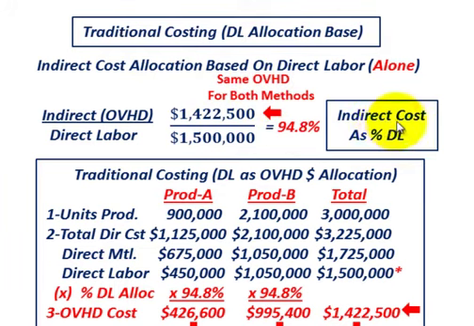So our indirect cost as a percentage of direct labor here, so our indirect overhead, remember we calculated that to be $1,422,500. Our total direct labor cost, if you go back and look at it, is $1,500,000. So as our indirect cost as a percentage of direct labor, division gives us 94.8%.